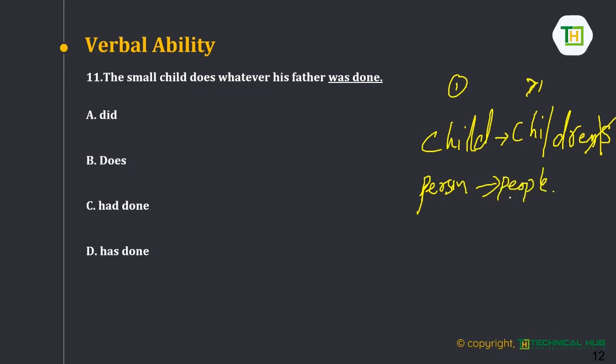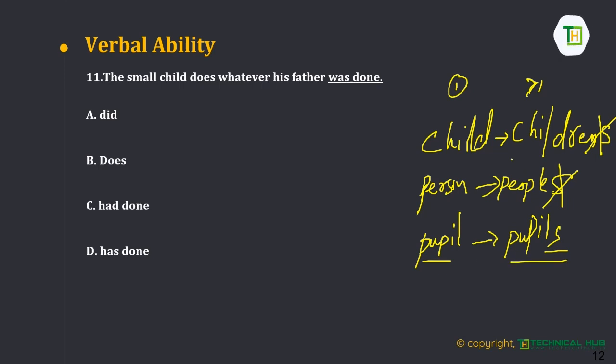One is a person, many are people, and some add s here. That is also wrong. Pupil means student. Pupils means many students. Here you can use it, but for people, for children, you cannot use it.